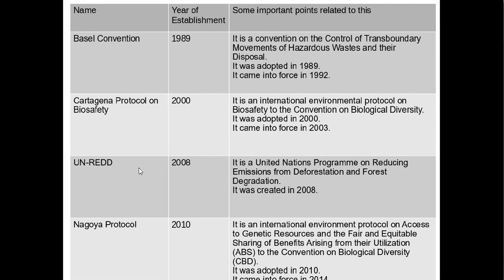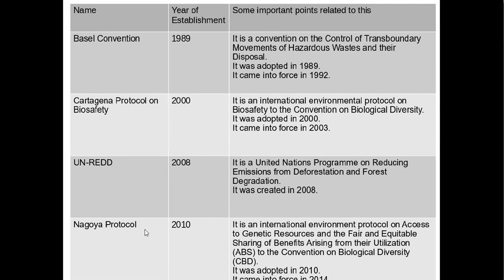And another program is UN-REDD, that is the United Nations Program on reducing emissions from deforestation and forest degradation, which was established in the year 2008. And another protocol is the Nagoya Protocol.